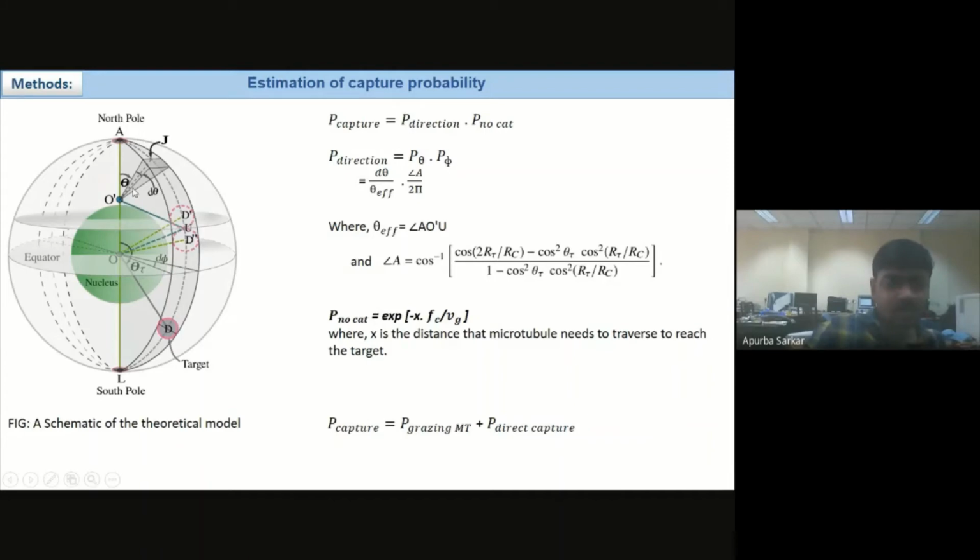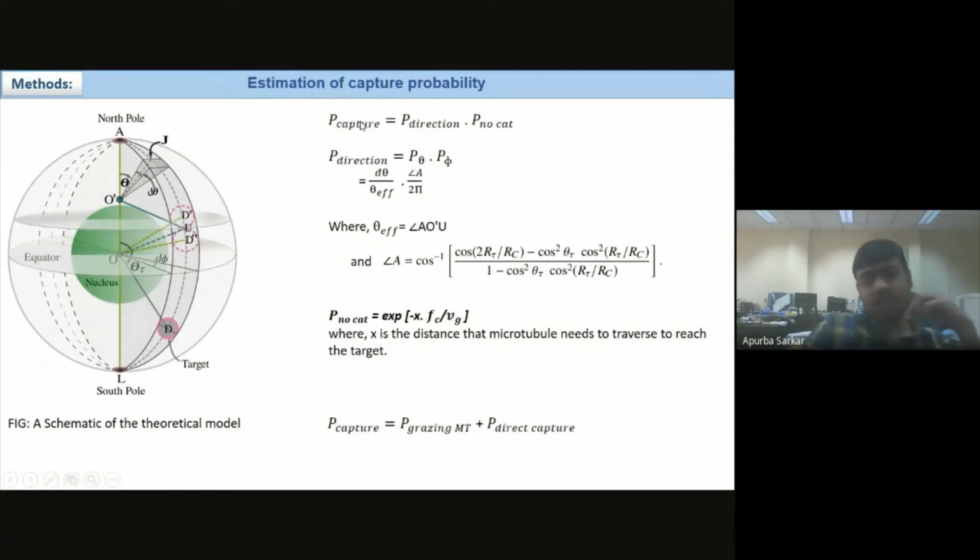It needs to nucleate in a direction so that it can fall within this loon, and the next task is to survive. The microtubule needs to survive before the target is reached. That is, the microtubule must not undergo any catastrophe before the target is reached for a successful capture.